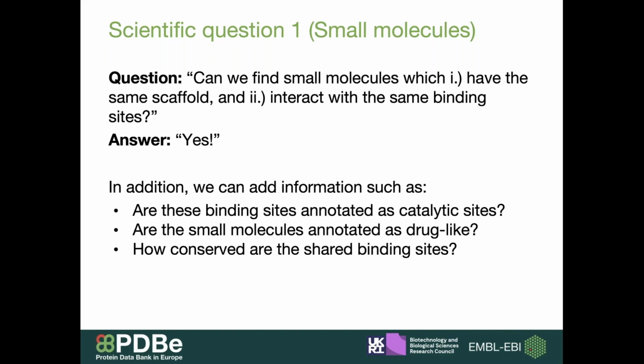The answer would be yes, we can provide it. Also, we would be able to add more information to this, like are these binding sites annotated as catalytic sites? Are these ligands identified as drugs? What are the conservation scores for these shared binding sites?